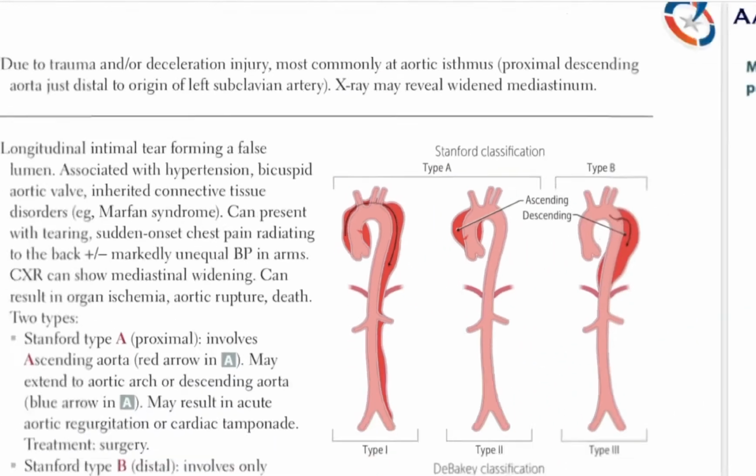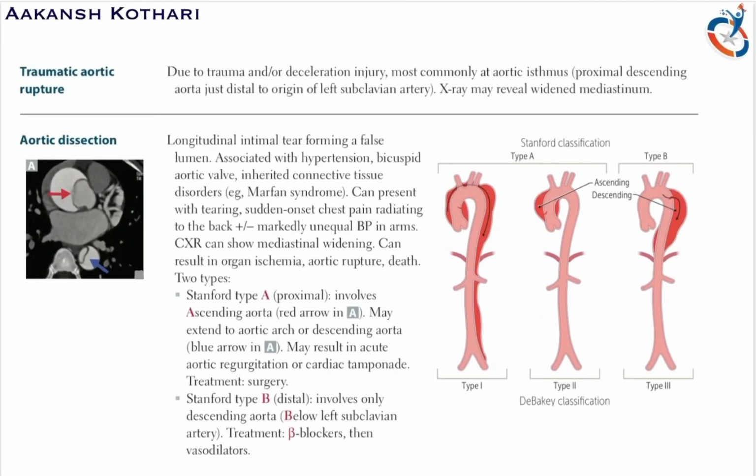Is this clear? Now, it is majorly associated with hypertension, bicuspid aortic valve and inherited connective tissue disorders. That means it is also presented with cystic medial degeneration. Is this clear? Now it can be presented with a classic presentation of tearing, sudden onset chest pain which radiates to the back.